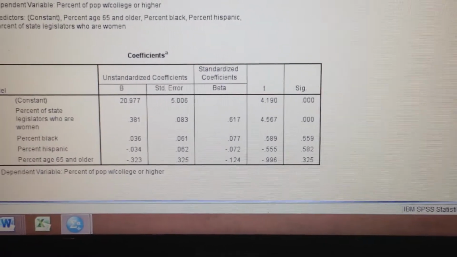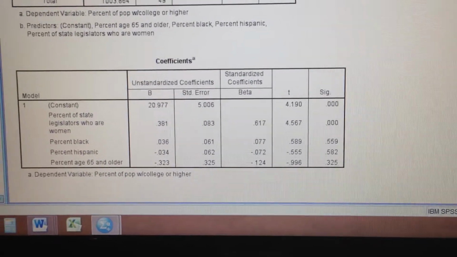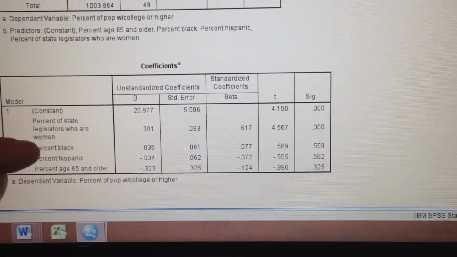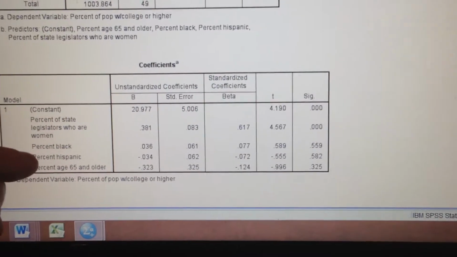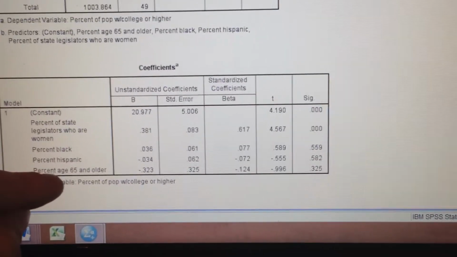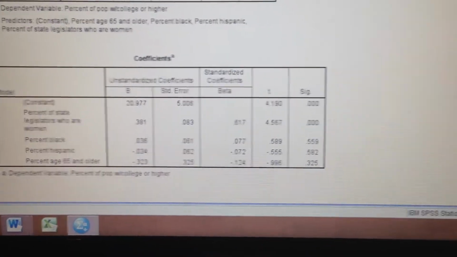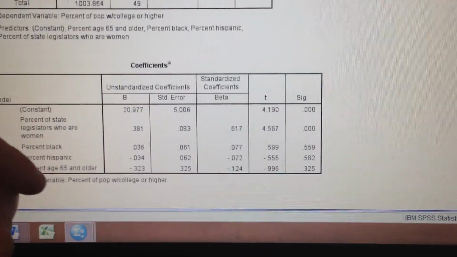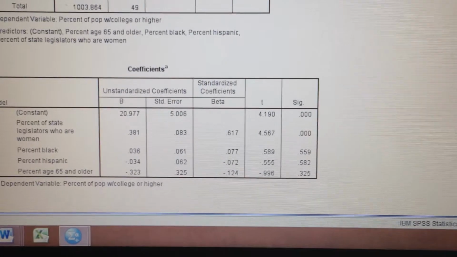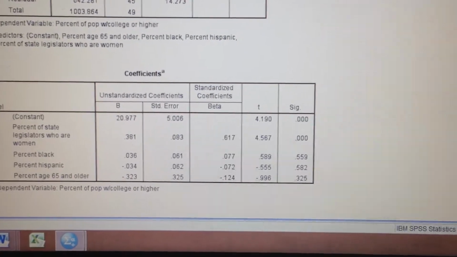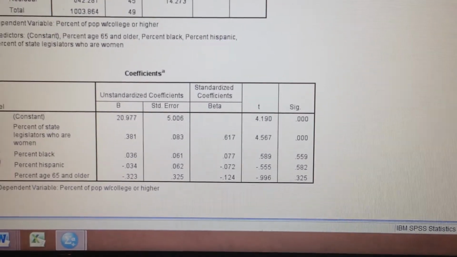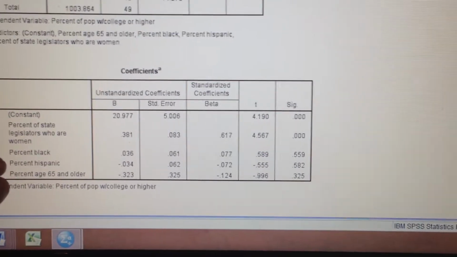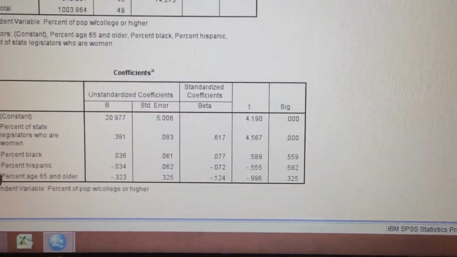So in other words, in this model, we have controlled for black, we have controlled for Hispanic, we have controlled for 65 and older, okay? And so that effect that we see there, basically we know that that effect works even considering all these other factors, because we've controlled for these other factors.